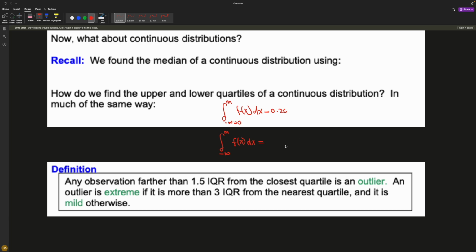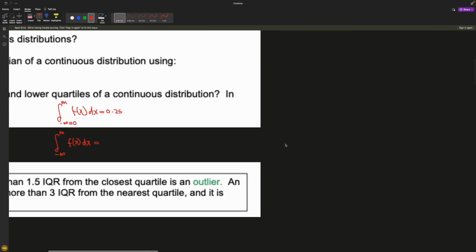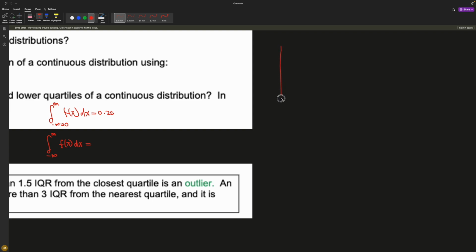So here, let's get some room. Imagine this is your function, and let's make it exponential. Actually, let's make it like this. So we have two points. We're trying to get this point right here, and this point right here.